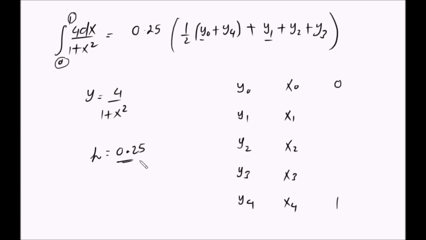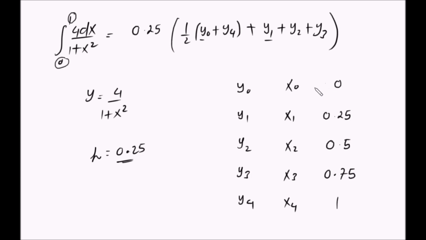So now h is the interval kati ya x0 na x1, x1 na x2, x2 na x3, x3 na x4. Kwa hiyo 0 plus 0.25 napata 0.25, plus 0.25 napata 0.5. 0.5 plus 0.25 napata 0.75.